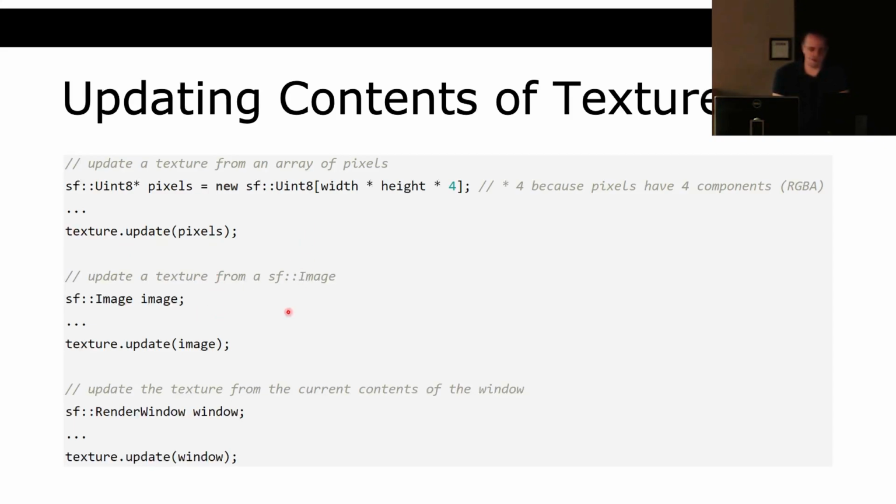We can update it from an SFML image, so there's also an image class. Or I can take the contents of a window and draw that to a texture. I believe that SFML includes a screenshot function: if I press a button, I take a screenshot. The way that works is it takes the render window buffer and saves it as a texture, and then it saves the contents of the texture to a file. So that's how that works.